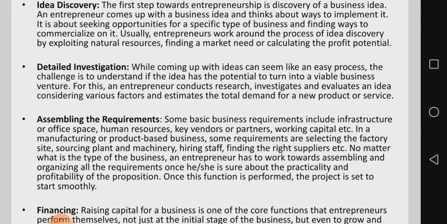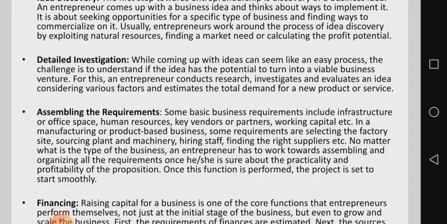You will find out what type of office you need, where you need the office, what kind of employees you need, who will be your partners. You will search for partners. You will hire the employees. You will hire everything that is required for your business. So you will collect everything required for that business.